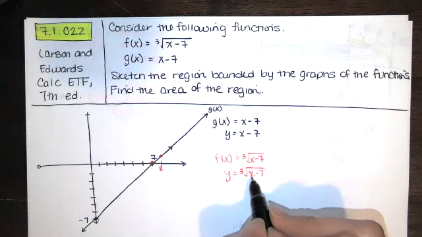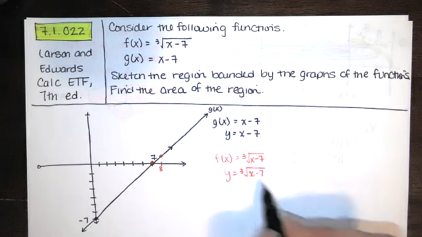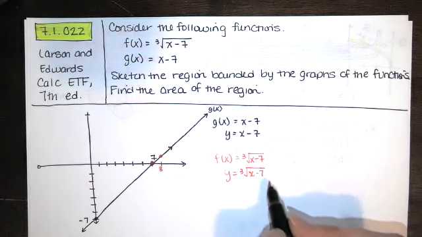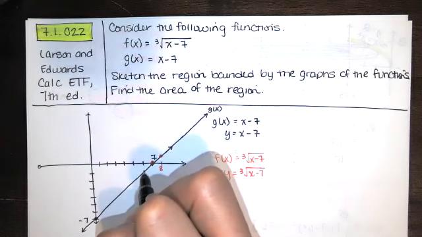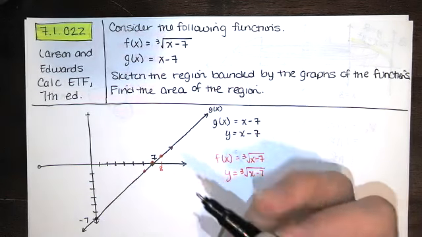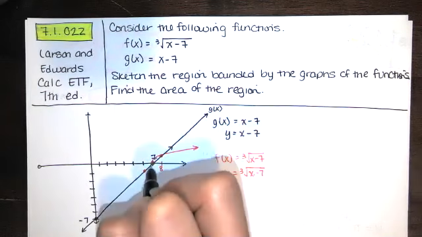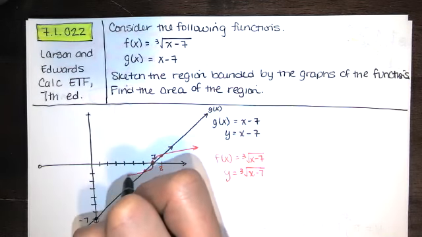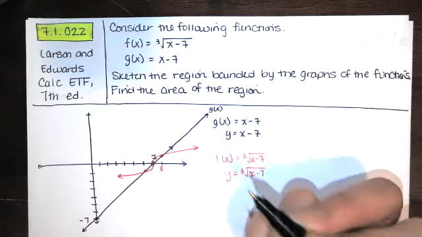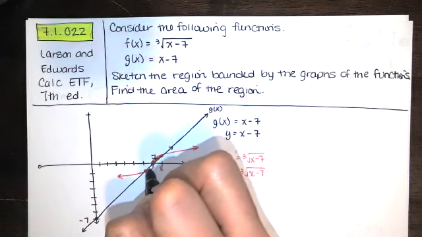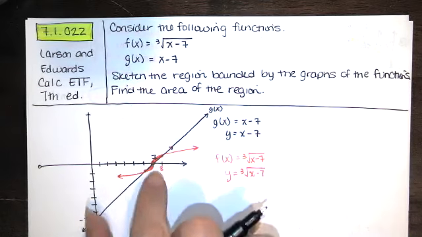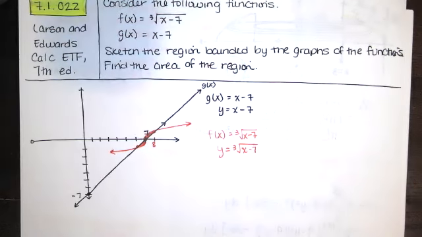And when x is equal to 6, we have 6 minus 7. 6 minus 7 is negative 1. The cube root of negative 1 is negative 1. And the cube root function looks like this. So our region is actually this very tiny region right here.